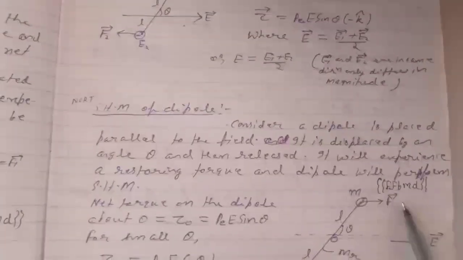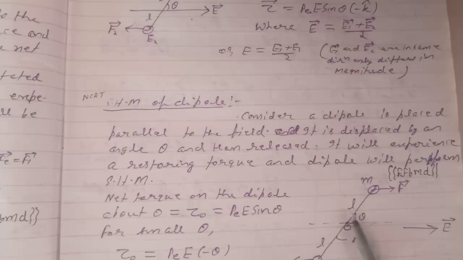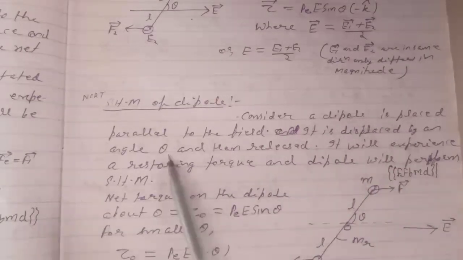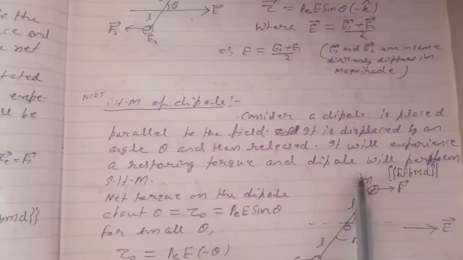Now SHM of a dipole. Consider a dipole placed parallel to the field. If it is displaced by an angle theta and then released, it will experience a restoring torque and the dipole will perform SHM.